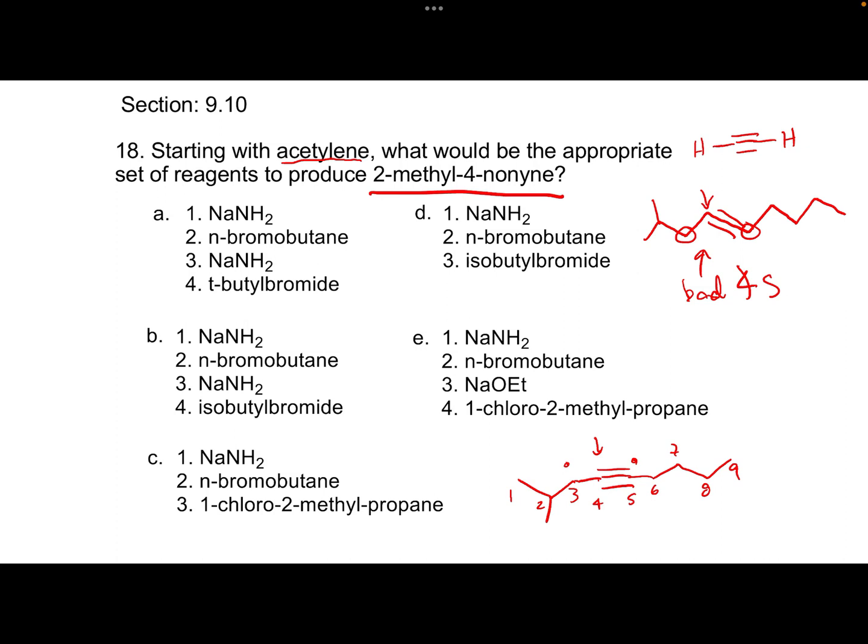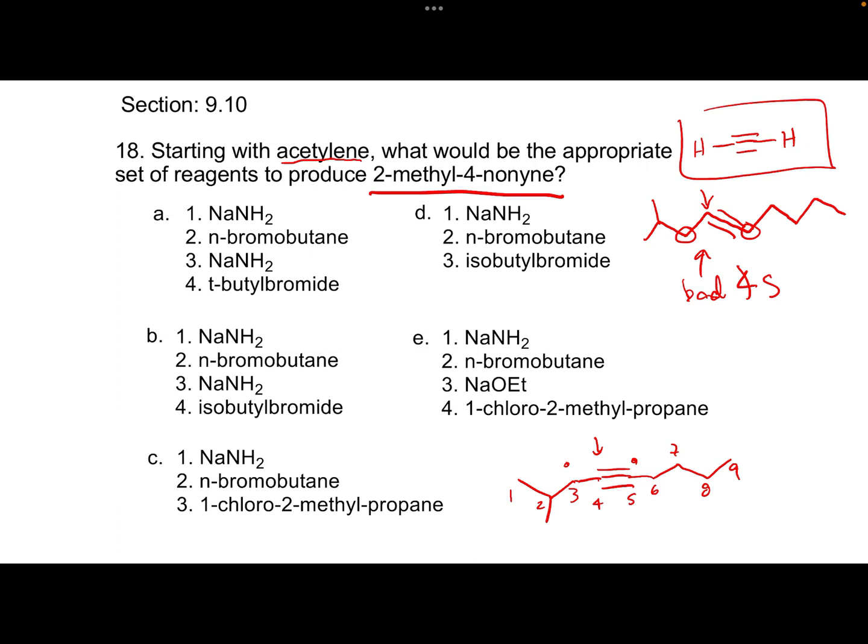Very obviously, if this is our starting material, the acetylene, then we have to grow our carbon chain. If you remember what you read from these very powerful SN2 reactions, really the only thing that was new about these alkyne anions was just a new nucleophile, right?